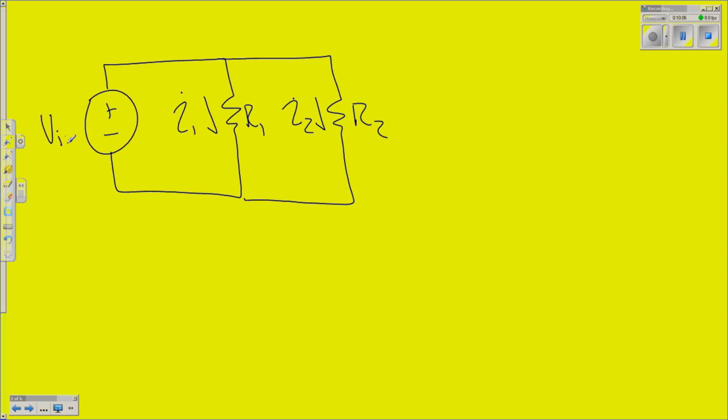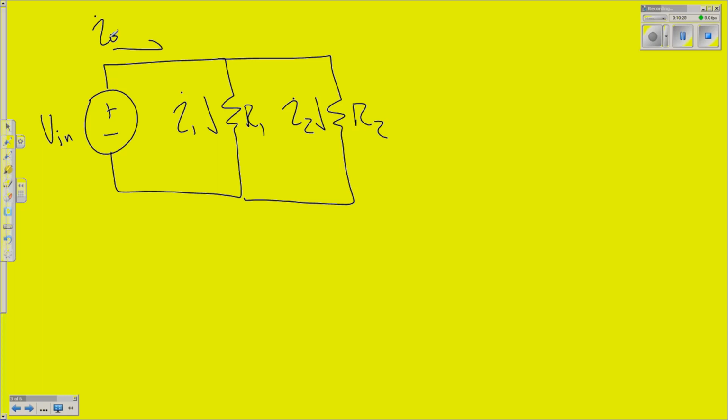We've got some voltage being set by the source, some current coming in. And what we want to know is how much we can pull off of, say, R2. And notice we've got an example of 1%.